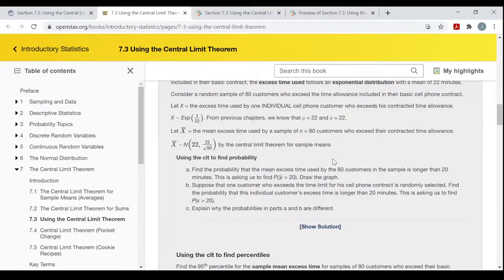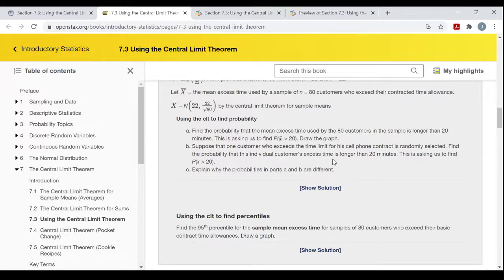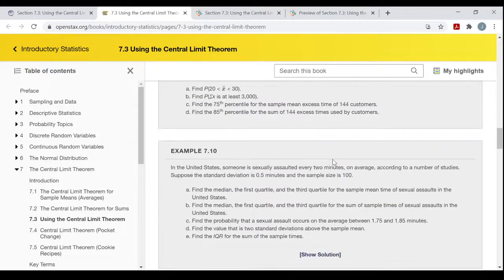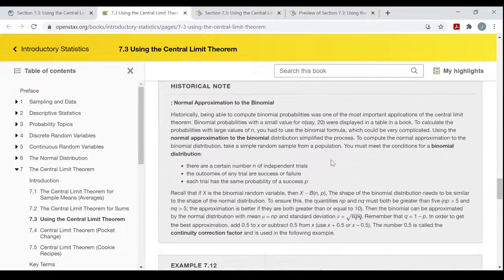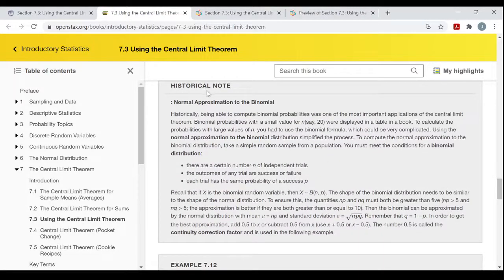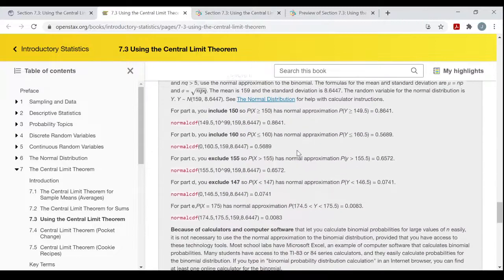We're only doing central limit theorem for means. But they have all this stuff here talking about the central limit theorem. And then they have this at the very end, a historical note on how to use the normal distribution to approximate binomial probabilities. And then they go through some examples here.